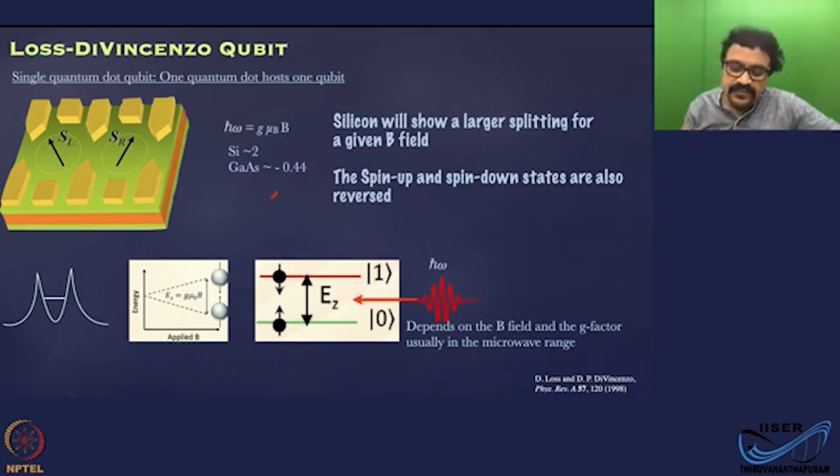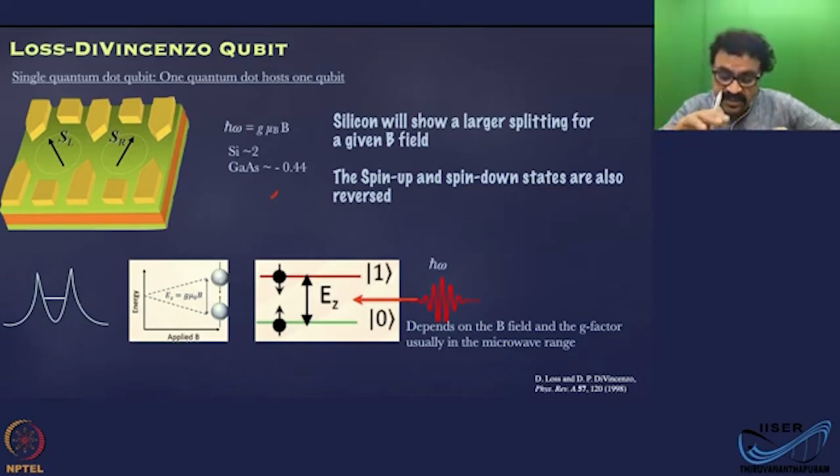And if you look up, silicon has a g factor close to 2, gallium arsenide has a g factor close to 0.44. There's a minus sign also here. What that means is the energy splitting between these two states will be almost 4 to 5 times more in silicon compared to gallium arsenide.